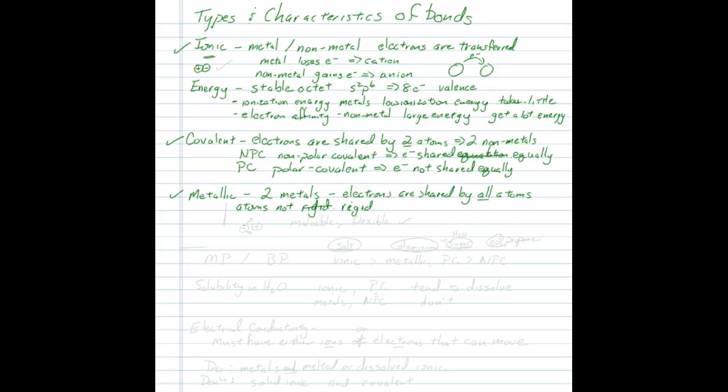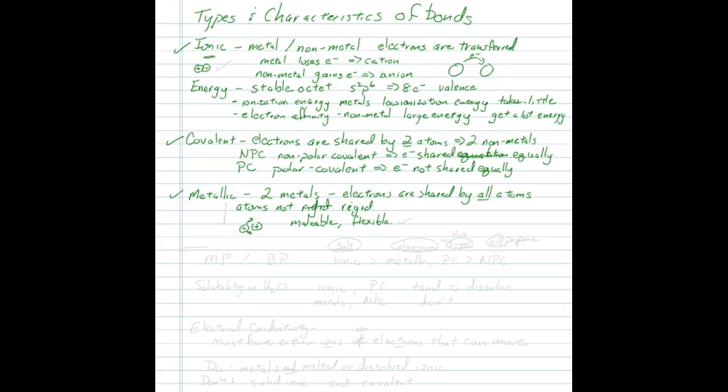In a metallic bond, you have the positive insides with electrons around the outside, and there's some give or take. The inside of the atoms can move around a little bit, creating things that can be malleable, flexible.